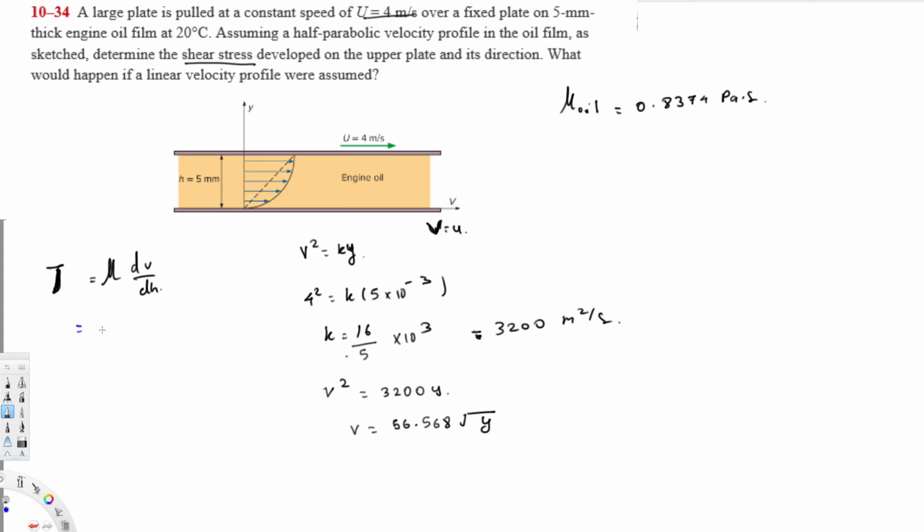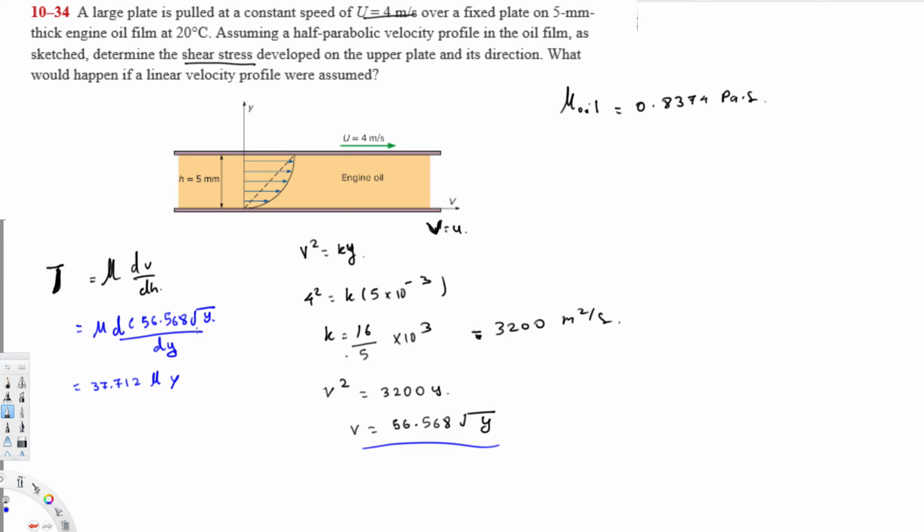Let's apply all the information we have: mu and dV by dH. So dV is 56.568 square root of y over dy, and we can express that as 37.712 mu times y.